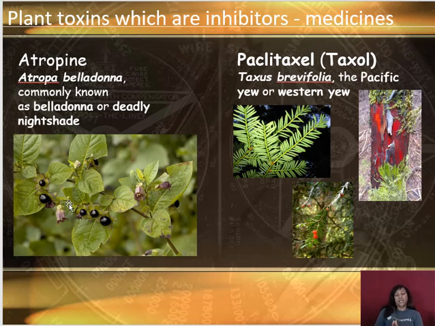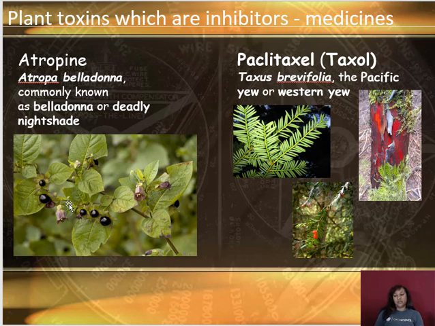It's an inhibitor, and we use it all the time in emergency medicine. What it does is speed up the heart rate. If you have a patient whose heart is slowing down and threatening to stop, before it stops, you can give an injection of atropine and speed up the heart rate and save the patient. So it's always in an emergency crash cart in the emergency room.